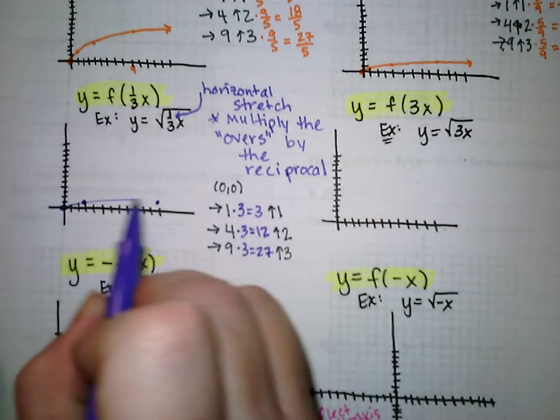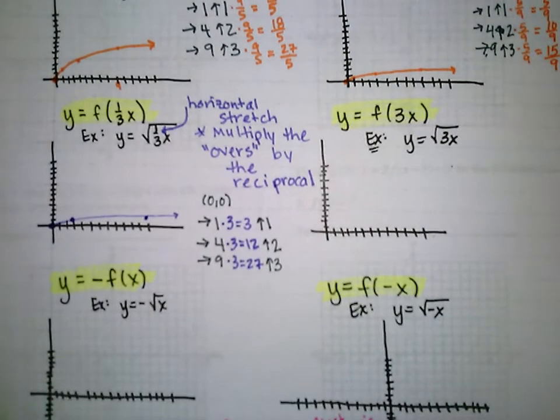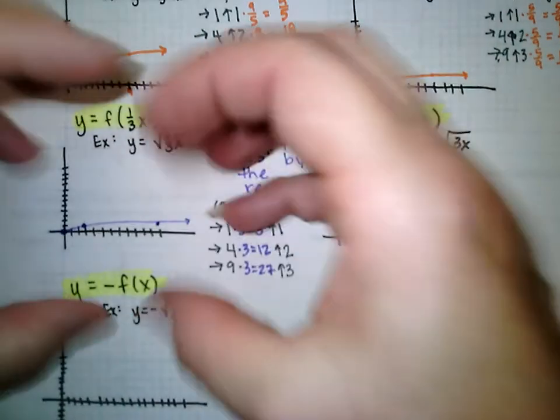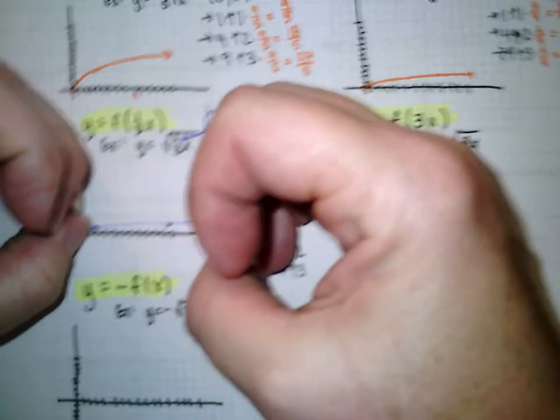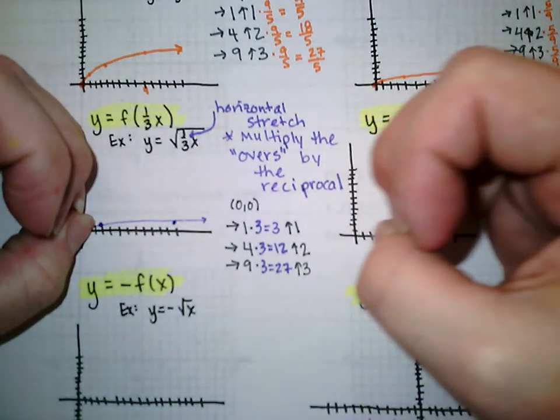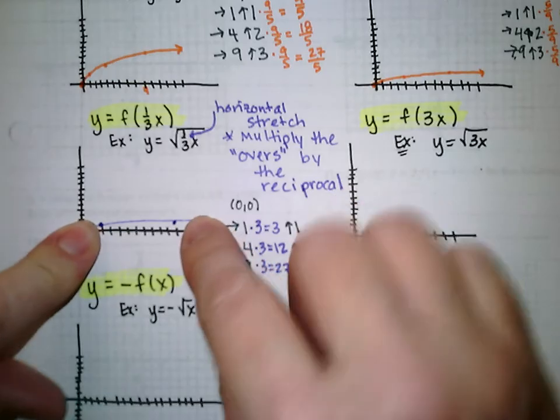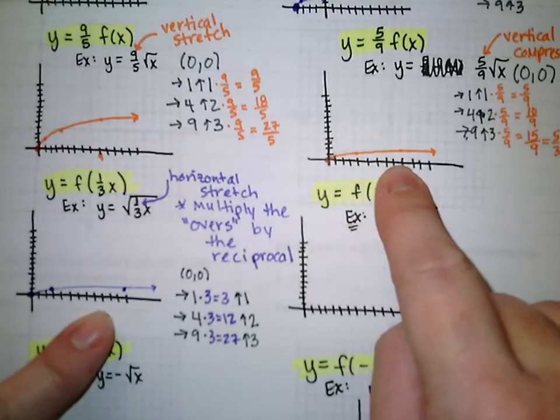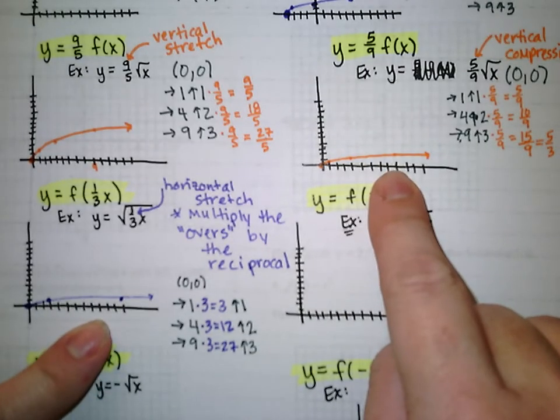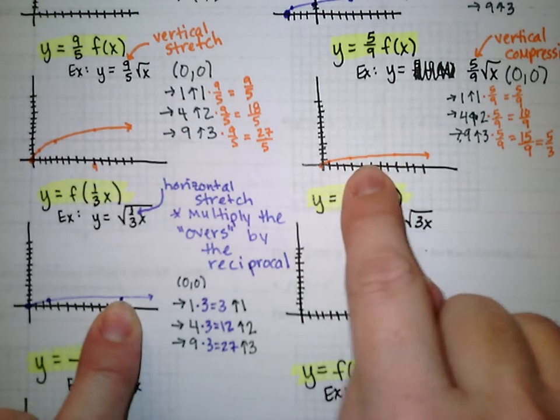So let's graph that. You see what we've done is we've taken a horizontal stretch, like grabbing the graph this way, keeping the y values the same, but stretching the x values out that direction. Notice that doing a horizontal stretch resembles doing a vertical compression. So physically they look the same, but we're doing different things to the ordered pairs.